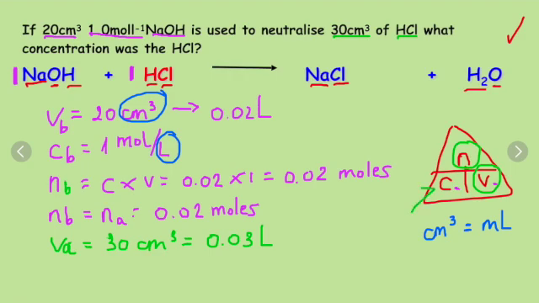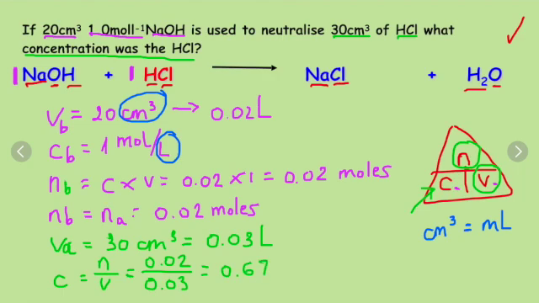Now we can calculate the concentration, which is what they're asking in the question. The concentration of the acid is the number of moles divided by the volume. So 0.02 moles divided by 0.03 equals 0.666666. I'm just going to round up to 0.67 moles per liter.